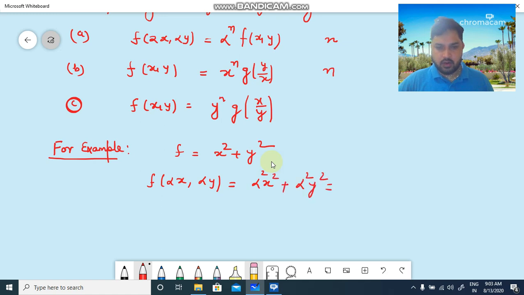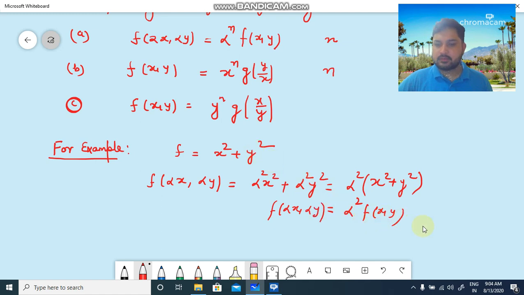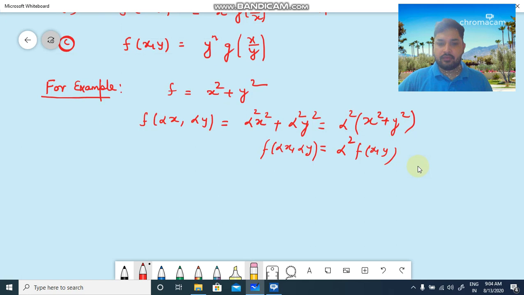Now we can take α square common, giving x square plus y square, which is again f(x, y). So f(αx, αy) is equal to α square into f(x, y). From here it implies that f is a homogeneous function of degree 2.